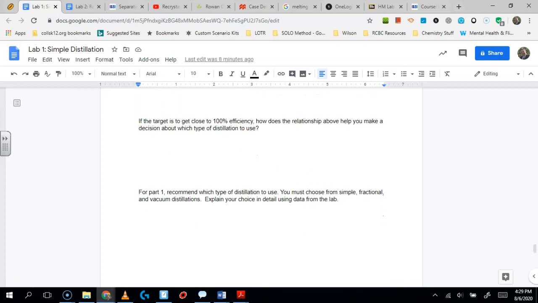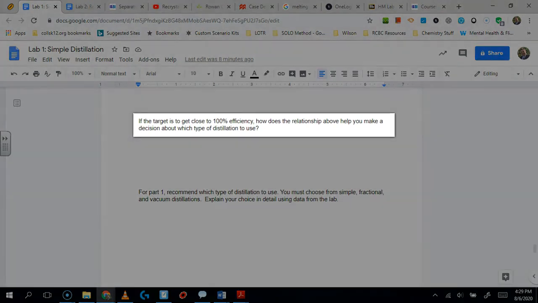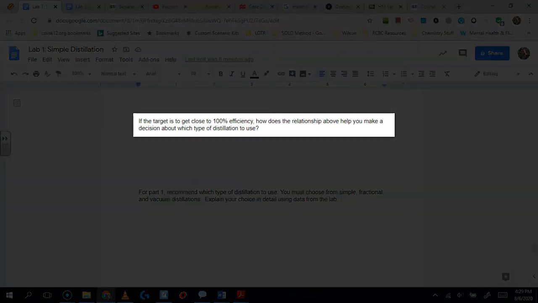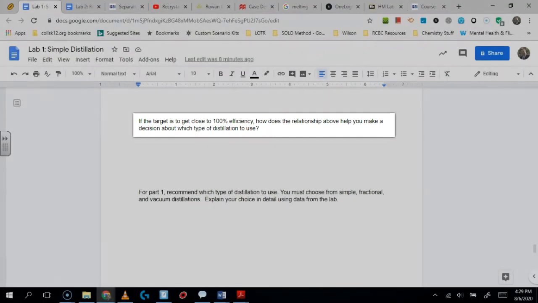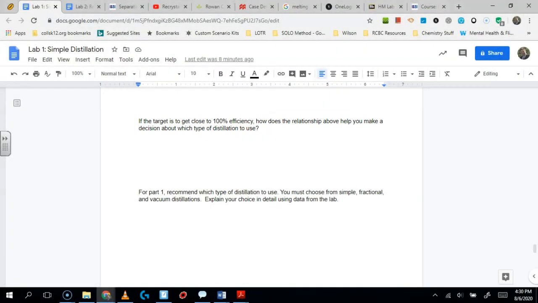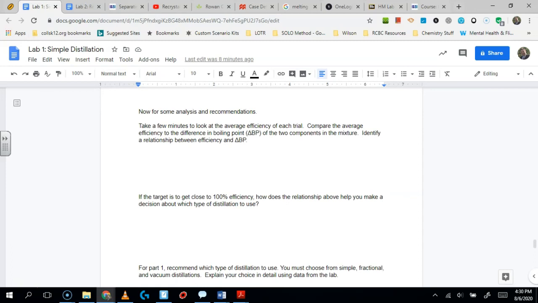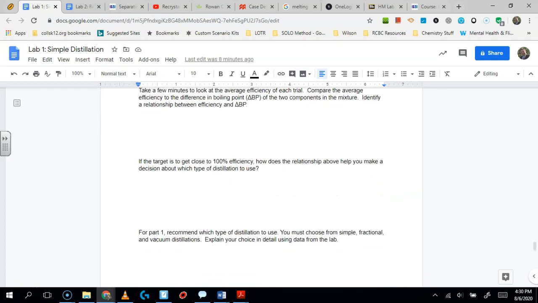Okay, and then this question here, it says if the target is to get close to 100% efficiency, how does the relationship above help you make a decision about which type of distillation you use? So the point is that you want to relate this statement that you made up here about delta BP and efficiency to the type of distillation that you're going to use in order to separate these things.